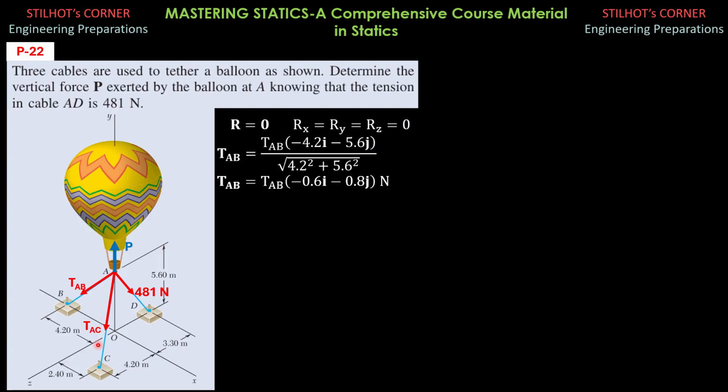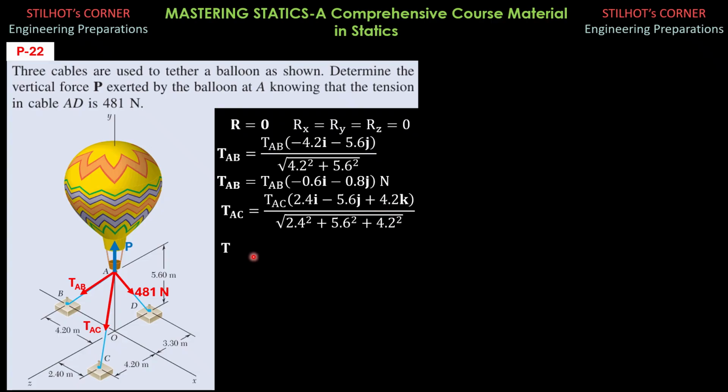Tension AC is magnitude of tension AC times quantity 2.4 I, then minus 5.6 J, then plus 4.2 K divided by square root of 2.4 square plus 5.6 square plus 4.2 square.